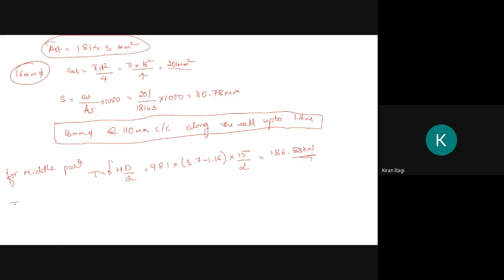Okay, we have got the T. With the help of the T, we will calculate the AST, that is AST equals T upon sigma AST. T value we have got is 186.88 divided by sigma AST, which is 150. Correct? Which is equal to 1245.86 mm square, which is obviously greater than the AST minimum.